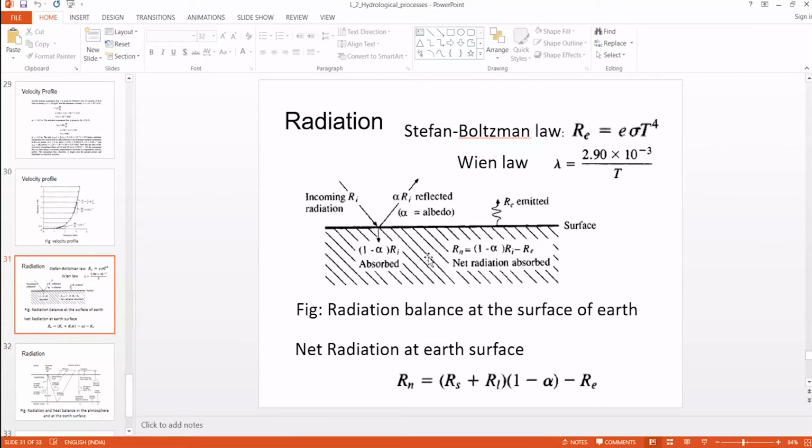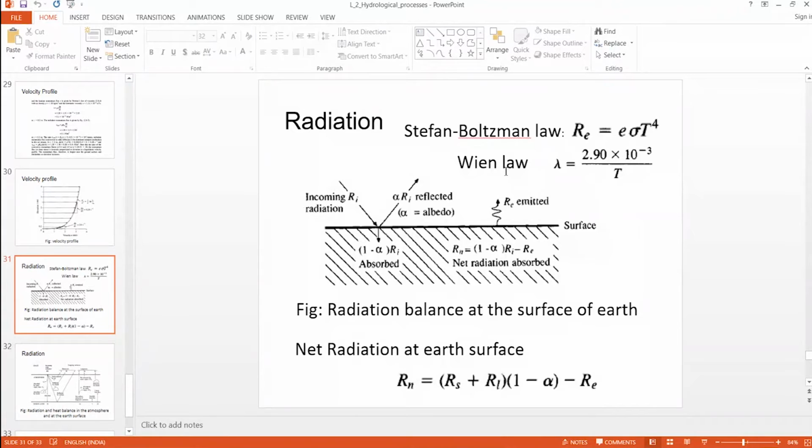The radiation absorbed by the earth surface is Ra minus alpha Ra, that is (1 minus alpha) Ra, out of which Re is emitted. So the net radiation is Rn equals (1 minus alpha) Ra minus Re. How much radiation is emitted?